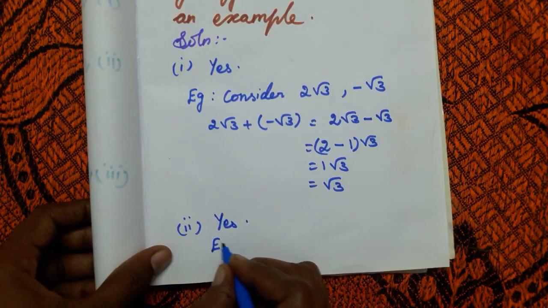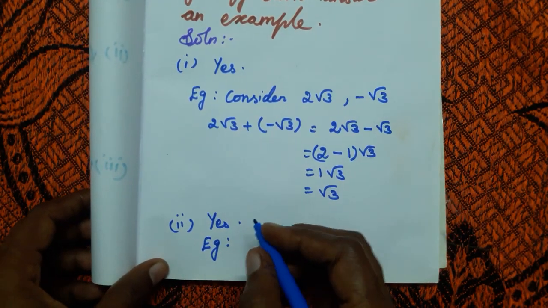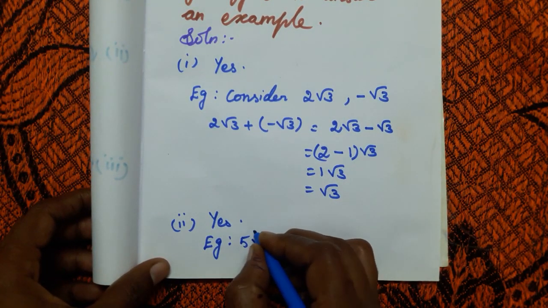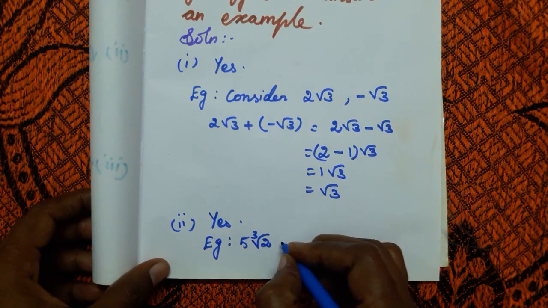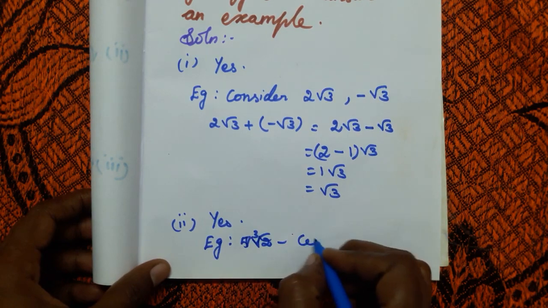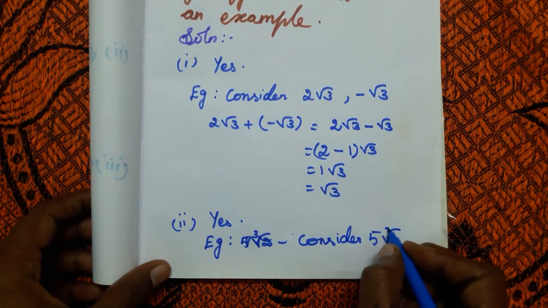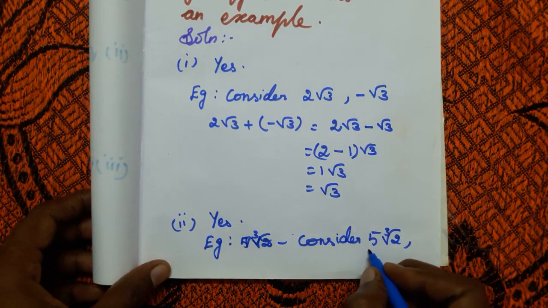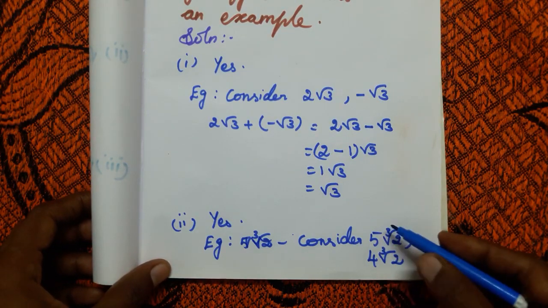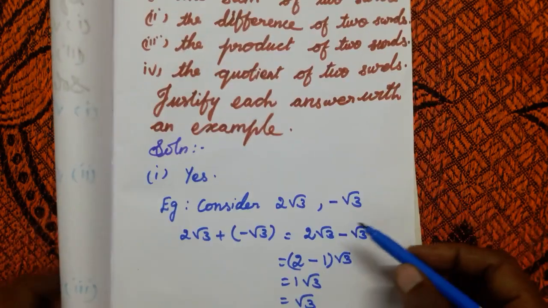Example, one example I am giving: 5 into cube root of 2, next consider 4 into cube root of 2.